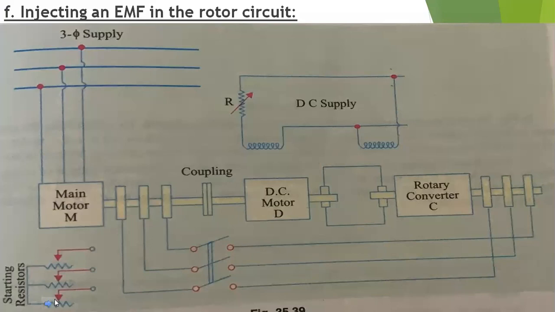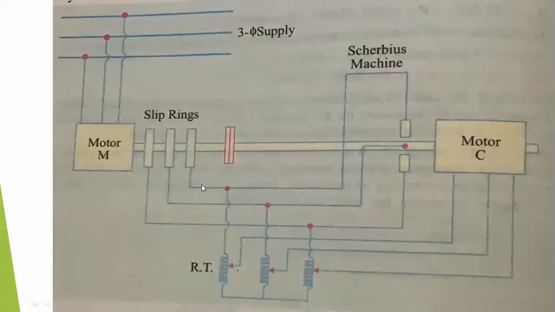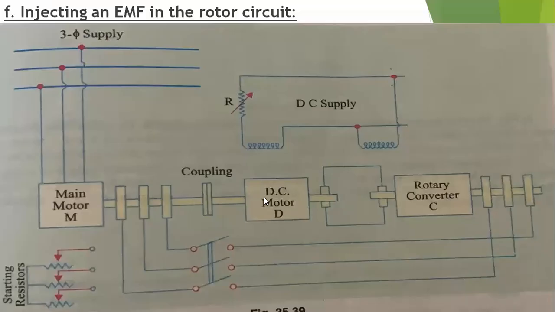In this method, the speed of the induction motor is controlled by injecting a voltage in the rotor circuit only, because if you inject it somewhere else, we will not get the same frequency. I have to get the same frequency, and the slip frequency also should be the same. That's why I am injecting the voltage in the rotor circuit.